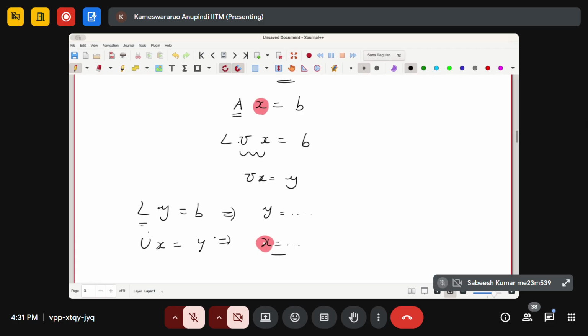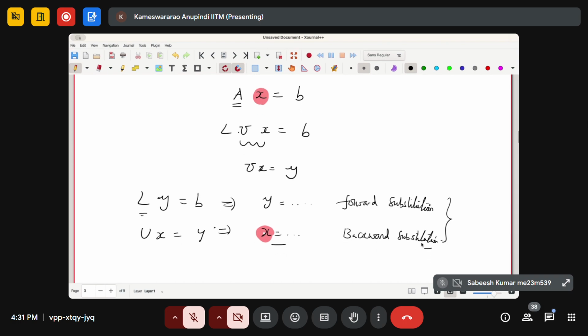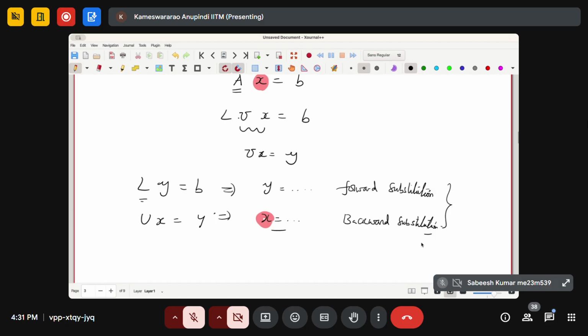This is the forward substitution, and then this is the backward substitution. So we have these two. Forward substitution is essentially equivalent to doing operations on the right hand side, right?